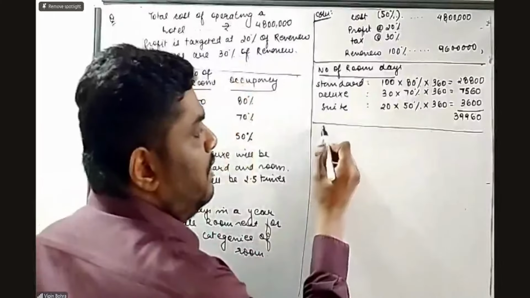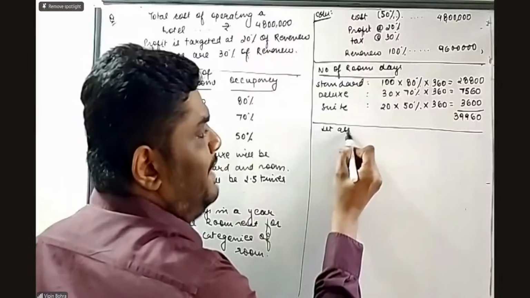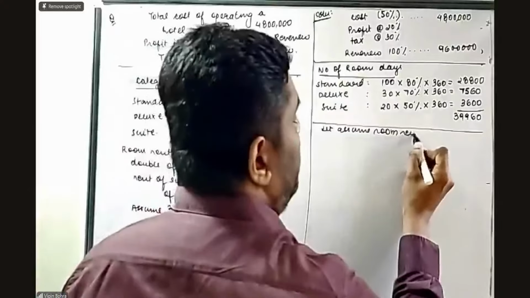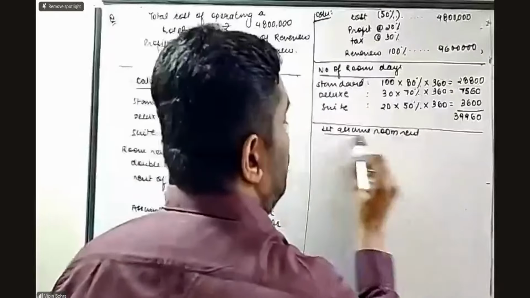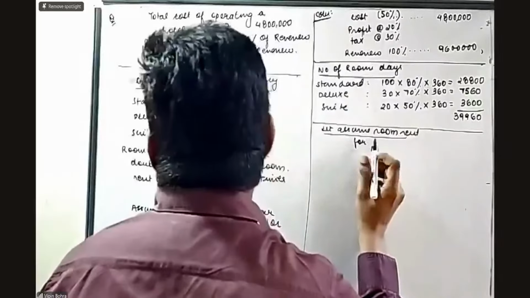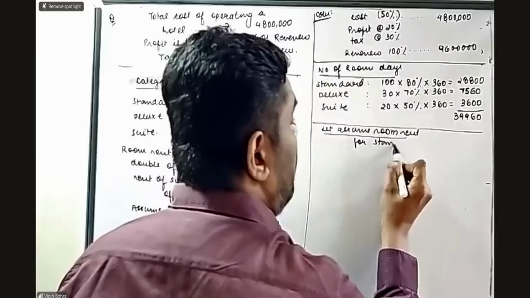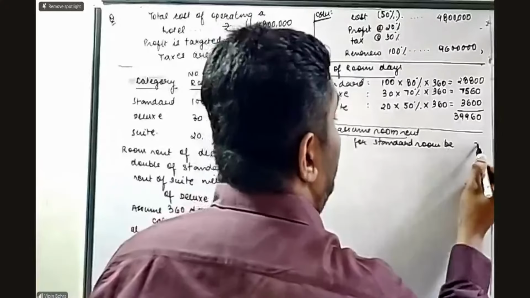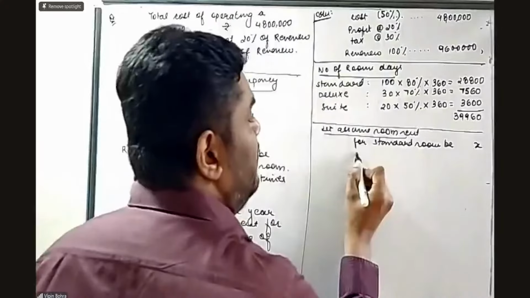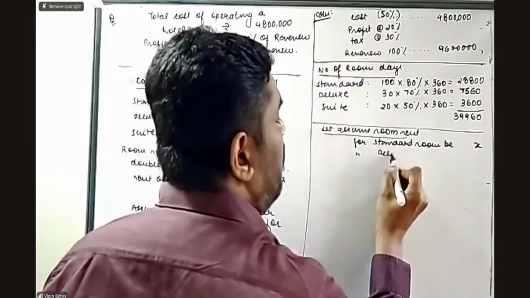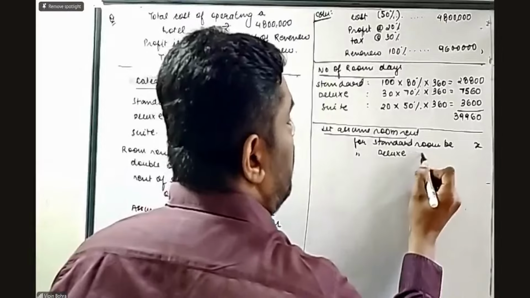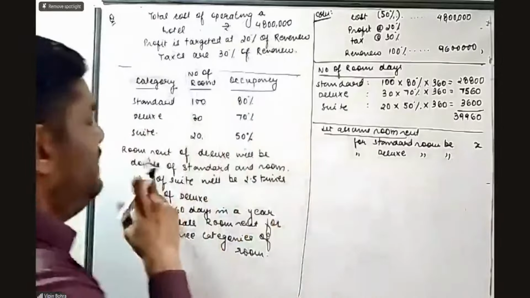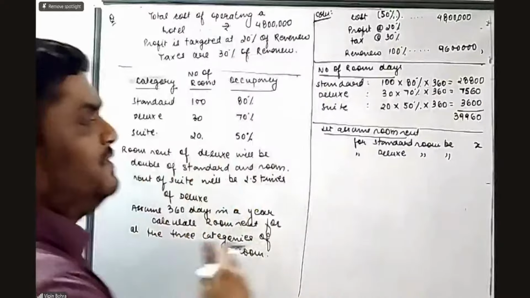Now, let's assume room rent for standard room be X. Therefore, for deluxe room, it is given that the room rent of deluxe room will be double of standard.